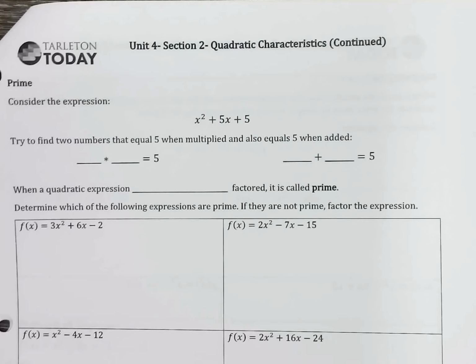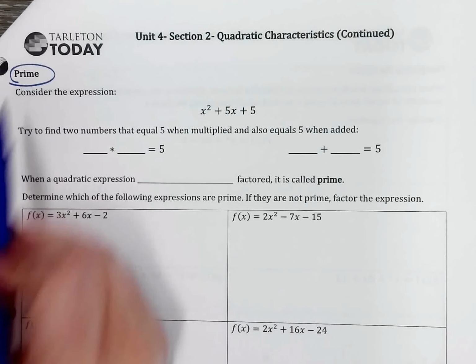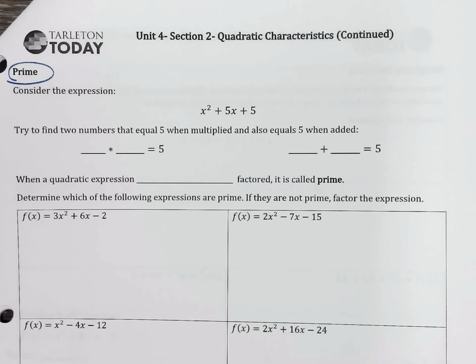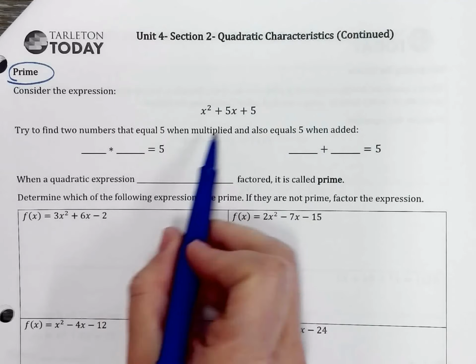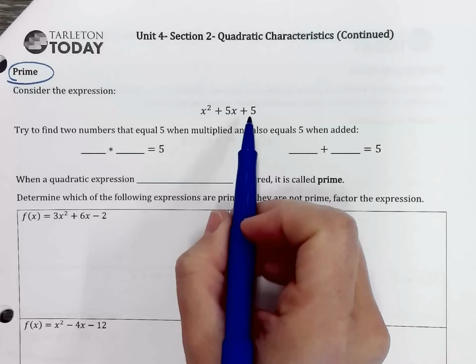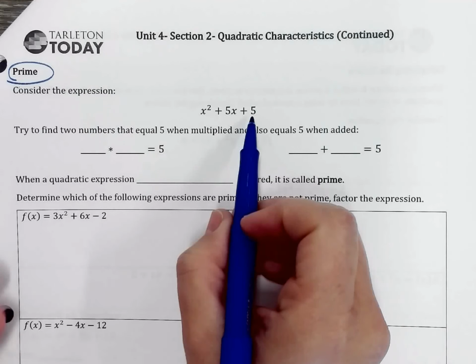So now, when you're trying to factor, and there's absolutely nothing you can do to that trinomial to come up with the two factors, that's what we call prime. Just like you have prime numbers, you also have prime trinomials. Okay, so if I'm going to try to factor this, I have to look for the two factors that multiply to 5.